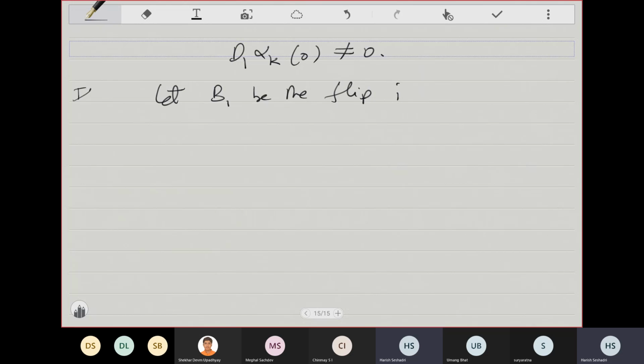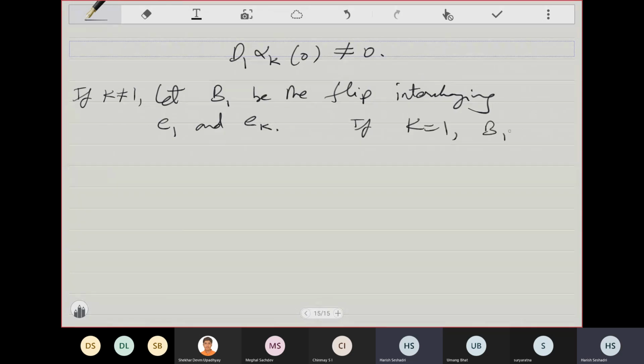If K is not equal to 1, let B1 be the flip, interchanging E1 and EK. If K equals 1, then you just take B1 equals identity.